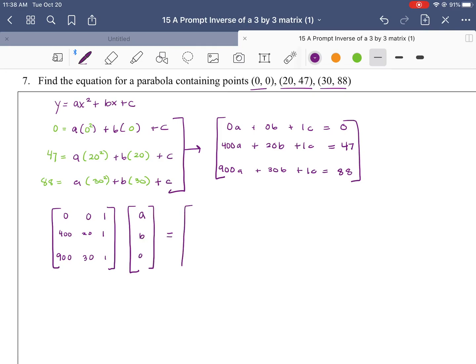And then it's going to equal the answers, which are 0, 47, and 88. And we know that we have matrix A times matrix X equaling matrix B. Then we can use the inverse to solve for X. So we're going to take A inverse times B to solve for X. So at this point, I'd use the calculator.